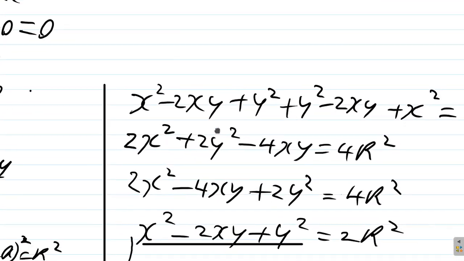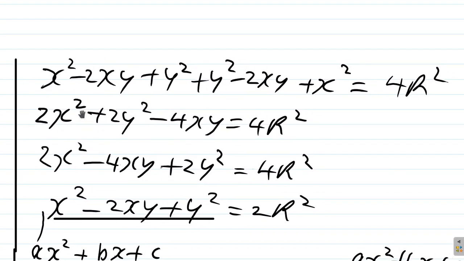Continue up here. So we put the x squares together, the y squares together, and the xy's together. We see that we get 2x squared minus 4xy plus 2y squared equals 4r squared.